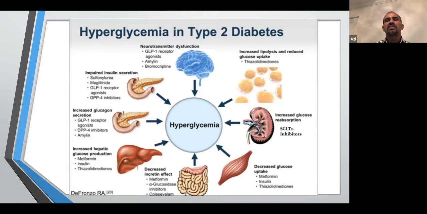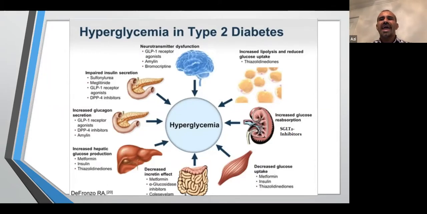listed below the problem. The sulfonylureas, the meglitinides, GLP-1 agonists, and DPP-4 inhibitors all help with impaired secretion, meaning these medicines increase the secretion of insulin from the primary source. Neurotransmitter dysfunction: GLP, which is glucagon-like peptide secreted from the endothelium of the intestines, amylin, bromocriptine. These are different medications that affect this neurotransmitter dysfunction.